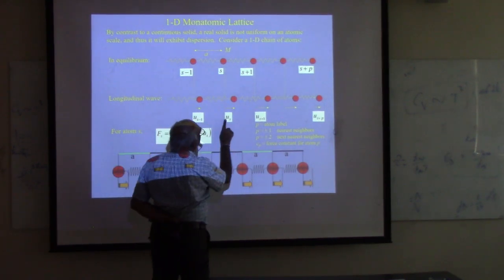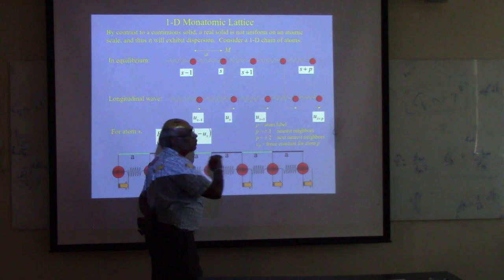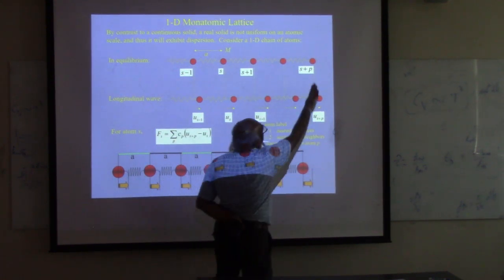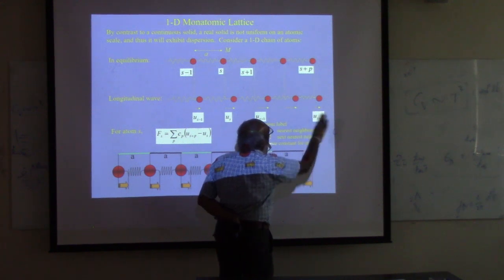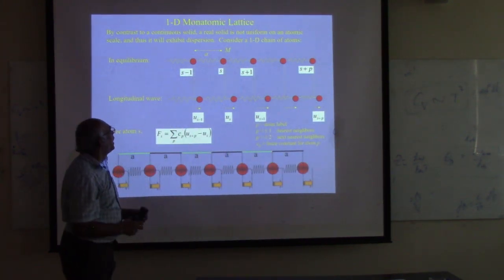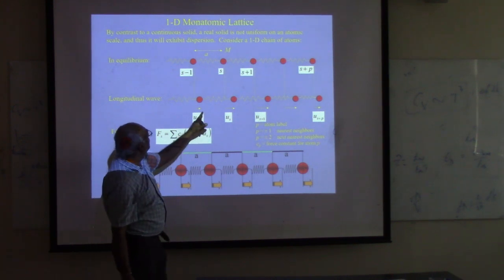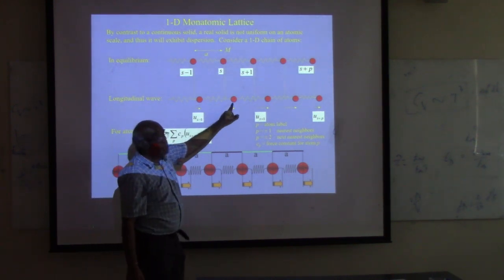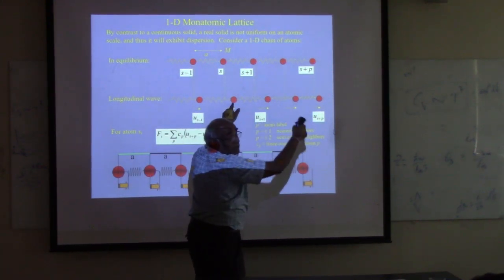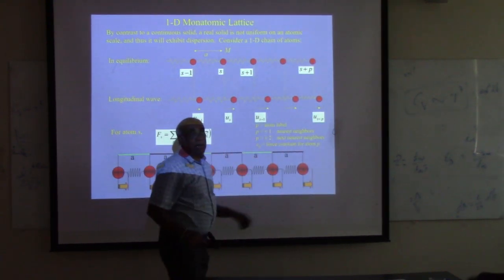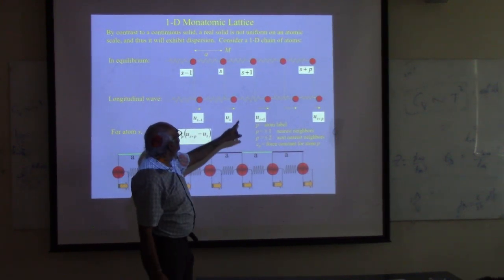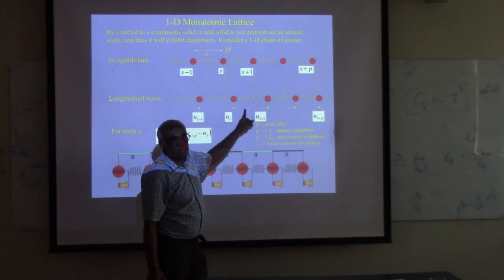This S atom moves by u S, S plus 1 moves by u S plus 1, S plus p atom moves by u S plus p, right? So now I am going to calculate what is the total force on this S atom due to all the effects from all the atoms. But later I am going to approximate only considering the two nearest neighbors.